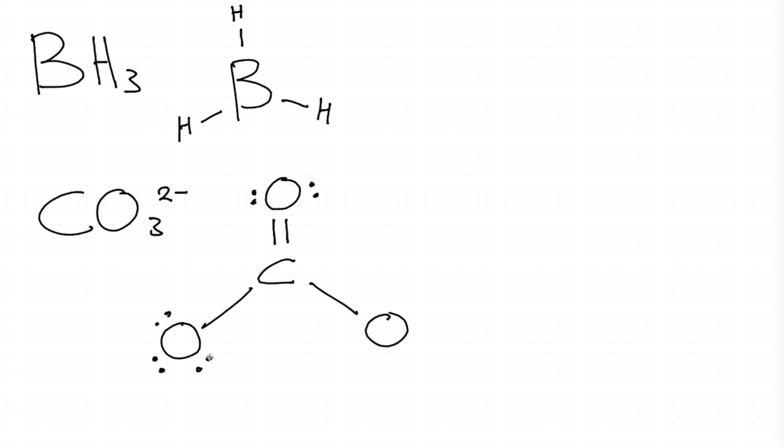Now, this is a polyatomic anion, therefore we need to indicate where the negative charge is coming from. To do this, we need to figure out the formal charges.